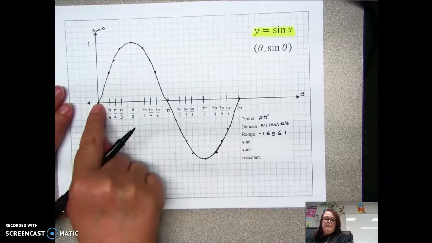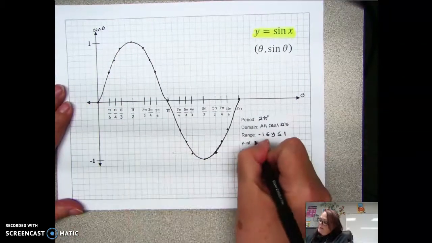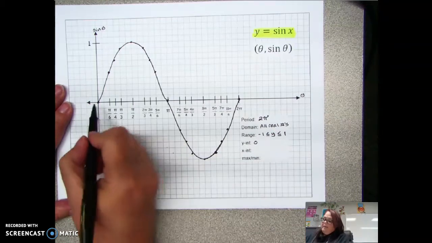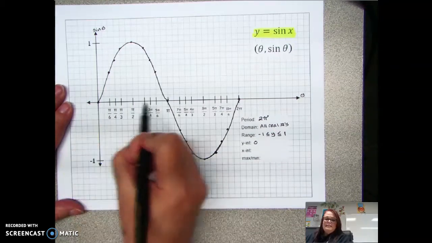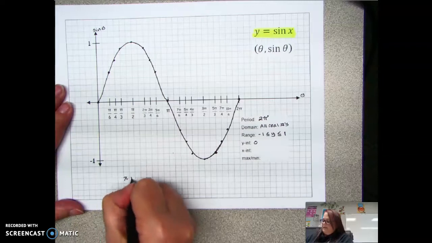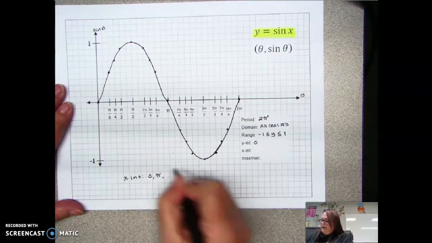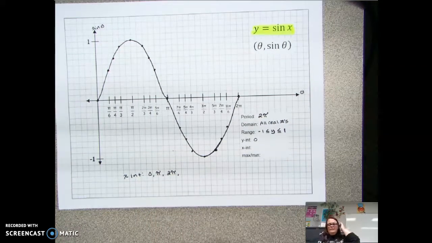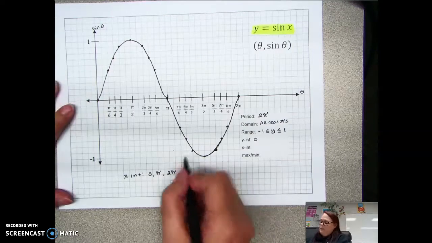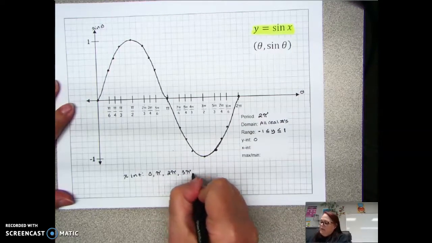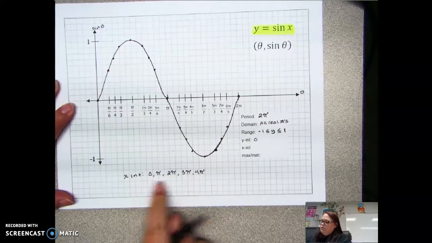My y-intercept occurs when it is at 0. And then my x-intercepts occur at 0. Let's write this down here. x-intercepts occur at 0, and then at pi, and then at 2 pi. So then I want you to pause the video for a second and think, where would the next one be? So hopefully you're seeing it would be at 3 pi and at 4 pi and so on and so forth.